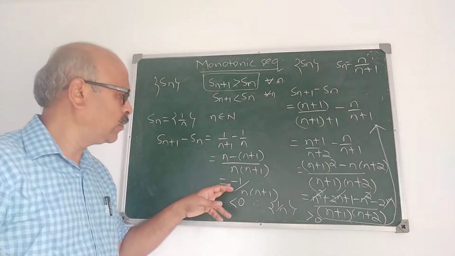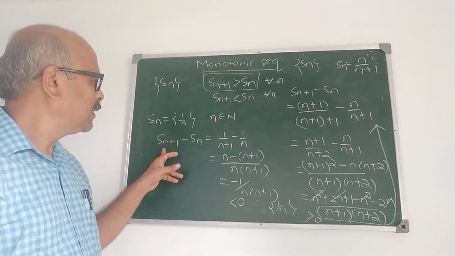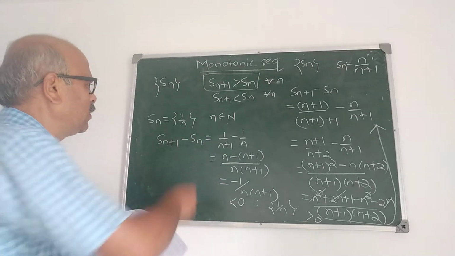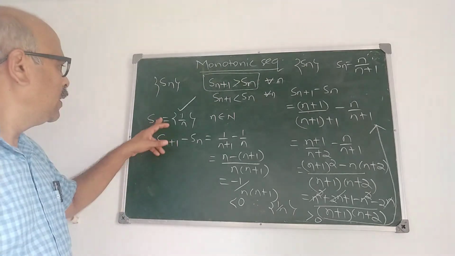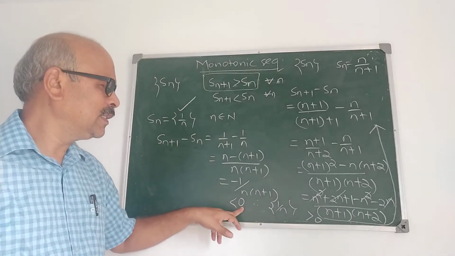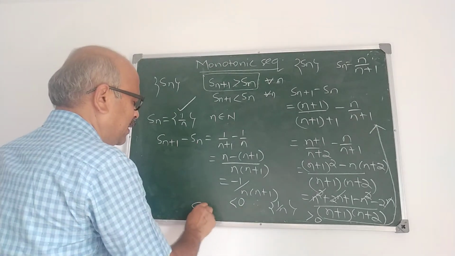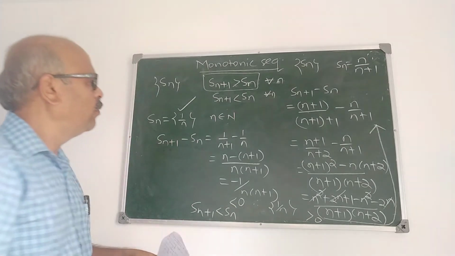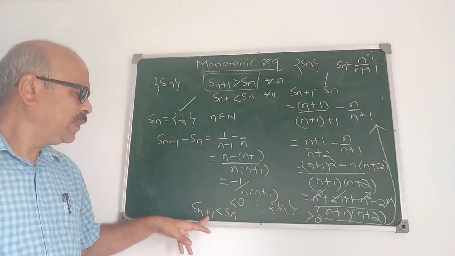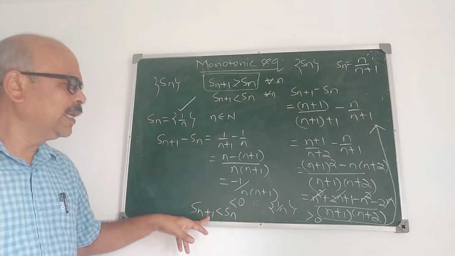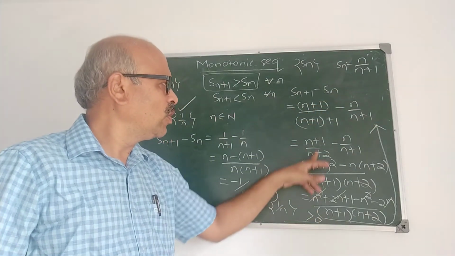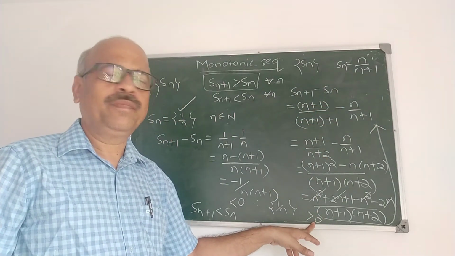Now what I told for the previous example: Sn is 1 upon n, Sn plus 1 minus Sn is less than 0, so Sn plus 1 is less than Sn, so it is monotonically decreasing. Sn is 1 upon n is monotonically decreasing, but Sn is n by n plus 1, it is monotonically increasing.